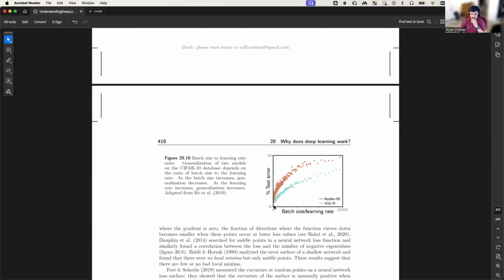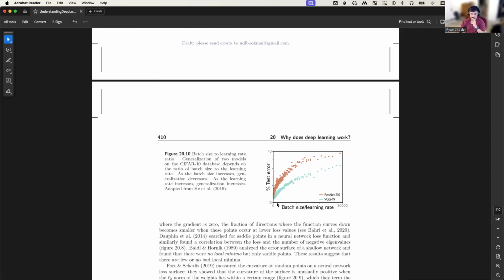On this side, we have batch size over learning rate, a very small value, and it ends up getting the best result when you have a very small value here. And as you go bigger, probably increasing your batch size more than anything, you end up getting worse error, and by large margins sometimes.